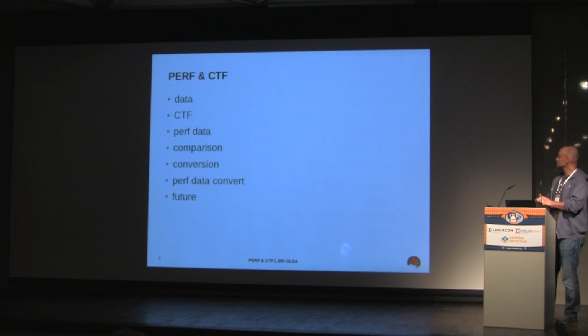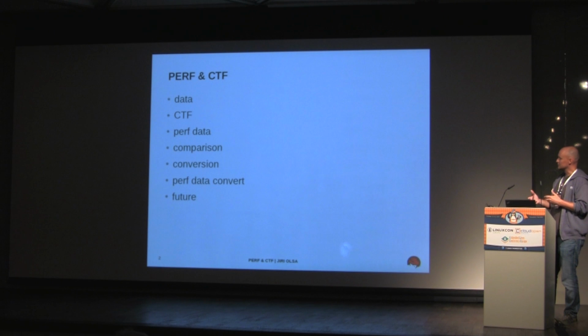So what I will go through is I will describe the data that we store and are interested in. I will go into more detail for both formats, describing the format for CTF, and then for Perf.